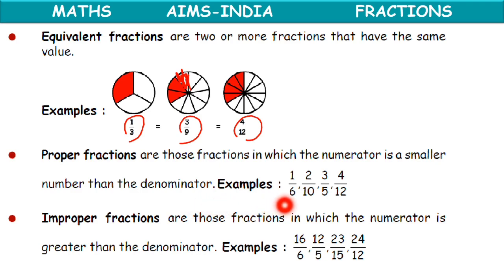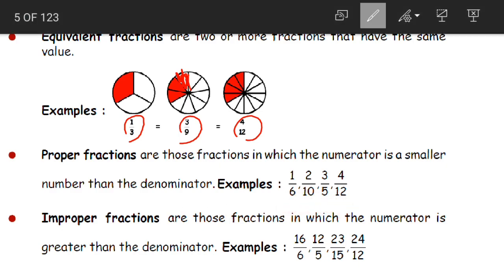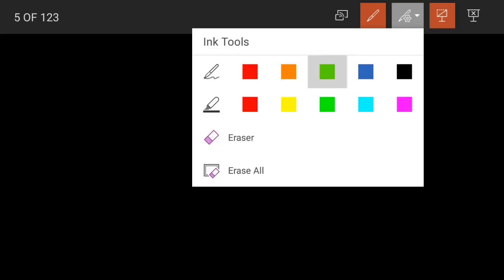Examples: 1 by 6, 2 by 10, 3 by 5 and 4 by 12. What are they saying? The numerator is smaller than the denominator. If we take the fraction 1 by 6, the numerator is 1 and the denominator is 6.